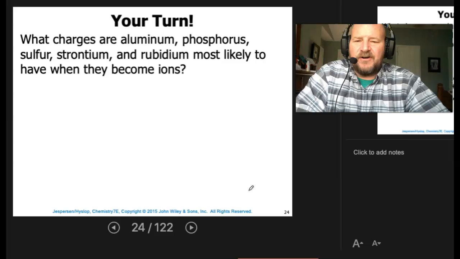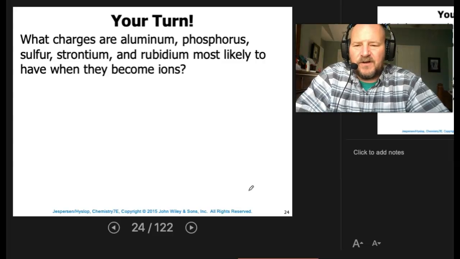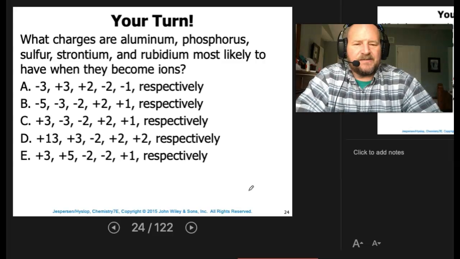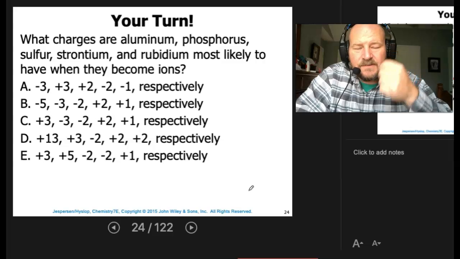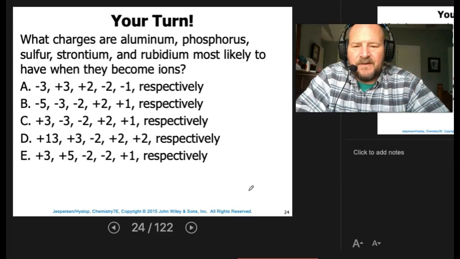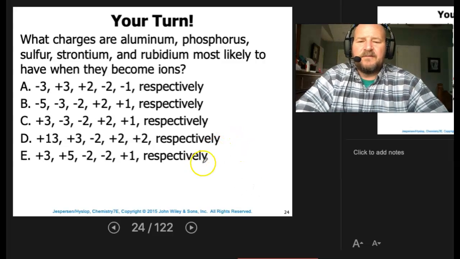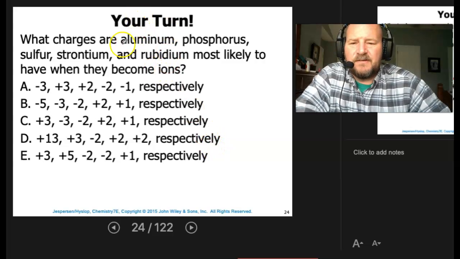What charges are aluminum, phosphorus, sulfur, strontium, and rubidium most likely to have when they become ions? I'll give you a chance to pause here. So aluminum we know is in group 3A.